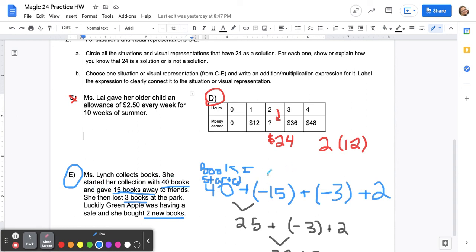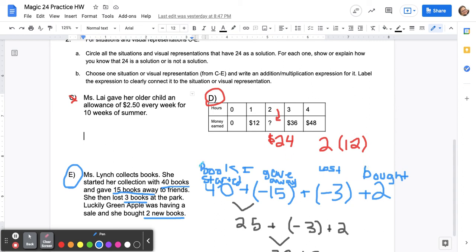So negative 15 is gave away. Okay, and then I lost 3 books at the park. So I'm going to say lost 3 books. And then finally bought 2 new books. So these are books I bought. Excuse the poor handwriting. There we go.